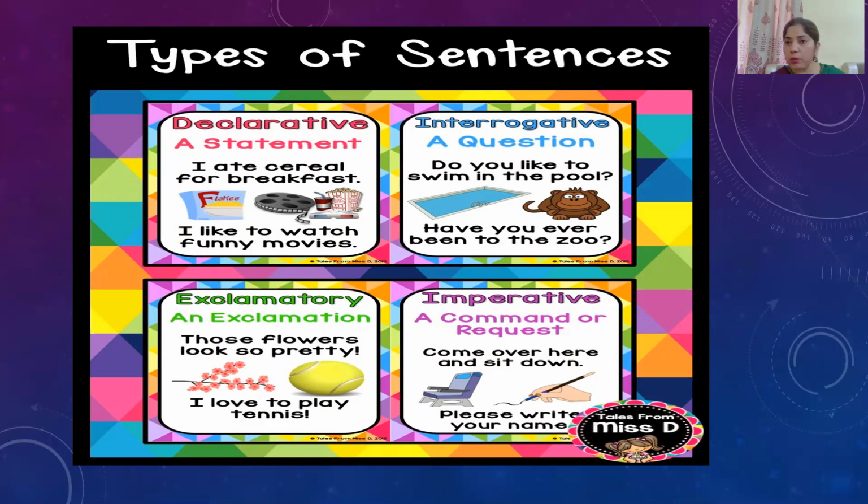Do you like to swim in the pool? Have you ever been to the zoo? Third is exclamatory, which ends in an exclamation. Those flowers look so pretty. I love to play tennis. And the fourth one is imperative, commands or requests. Come over here and sit down. Please write your name. Okay, so these are the 4 kinds of sentences in English on the basis of their formation.